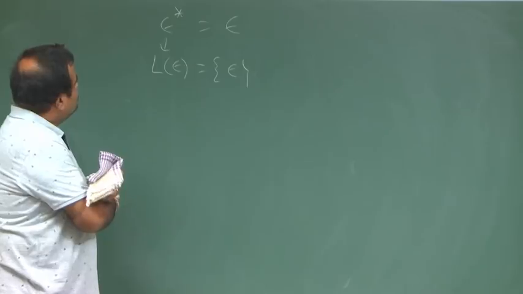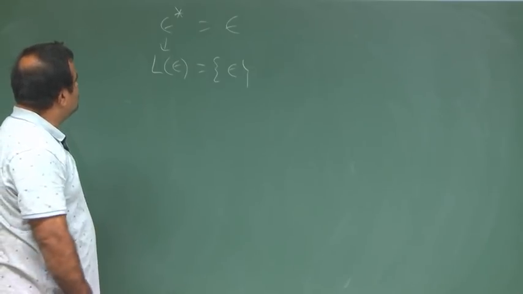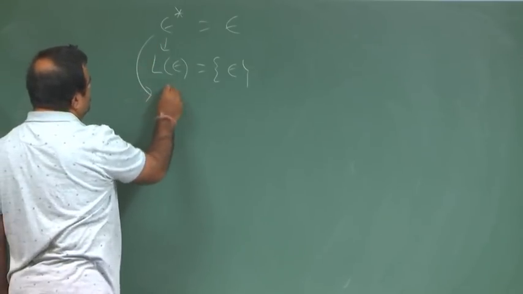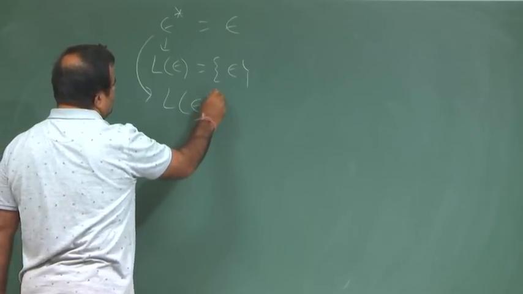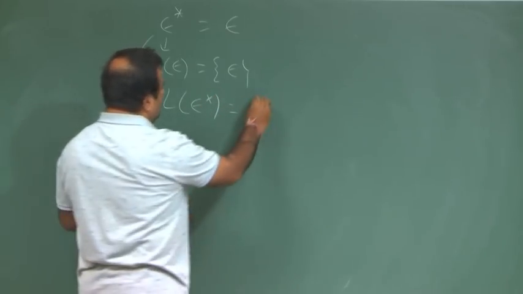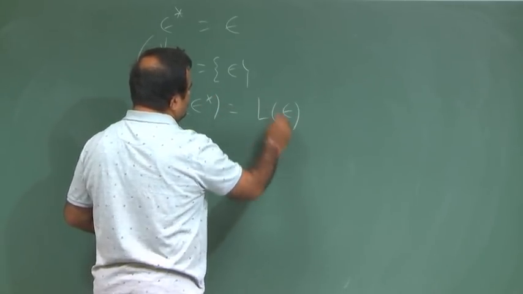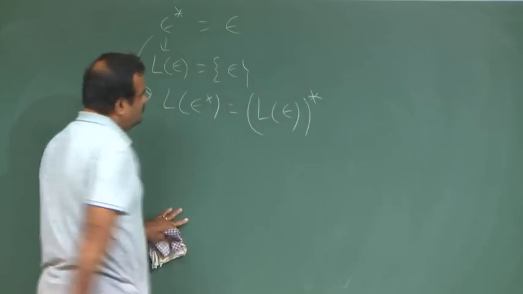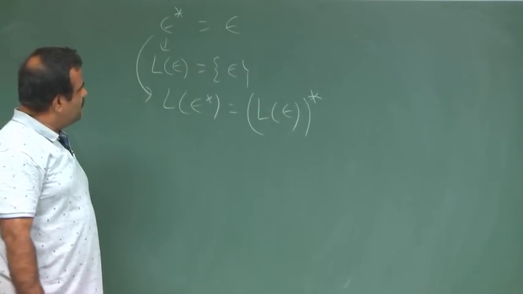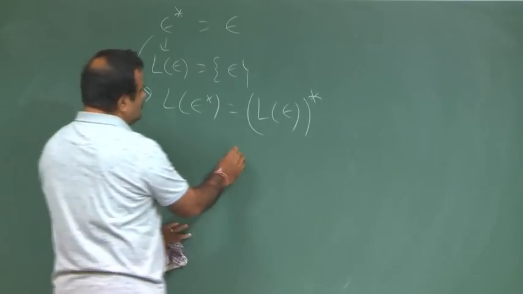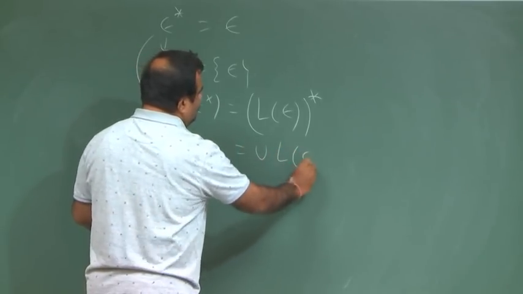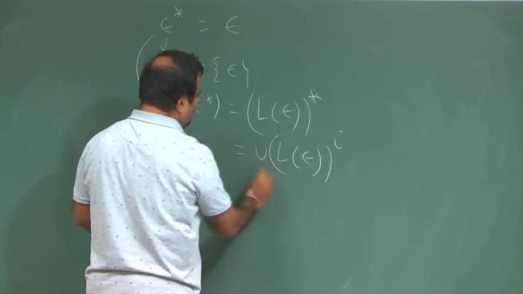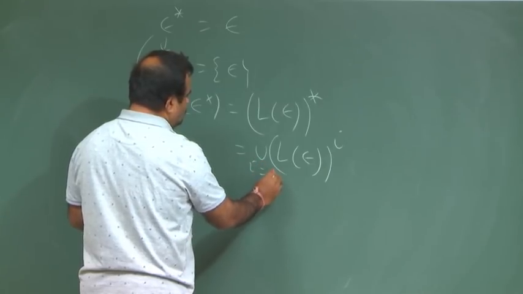Now, what is epsilon to the power star? The language corresponding to this is the union of L of epsilon to the power i, i equal to 0 to infinity.